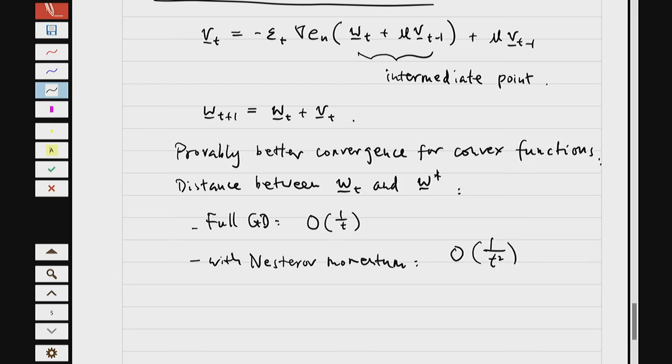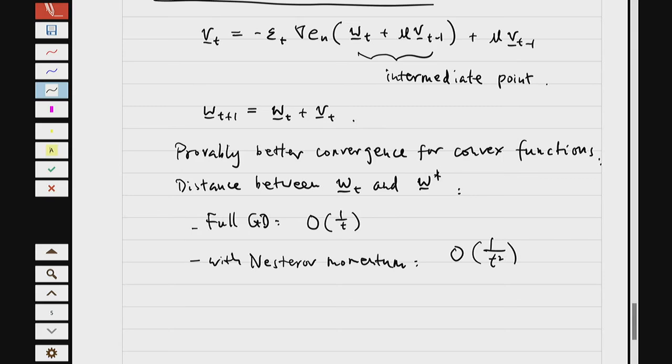Which one is faster? 1 over T squared, this is distance, right? You're getting closer. 1 over T squared is smaller than 1 over T. So you're getting closer to the optimal point for the same T value, right? T is greater than 1, 1, 2, 3 to 1,000 or whatever.